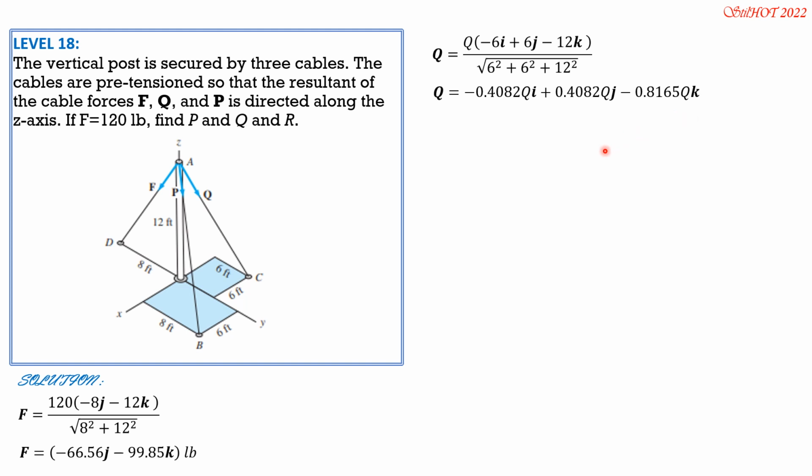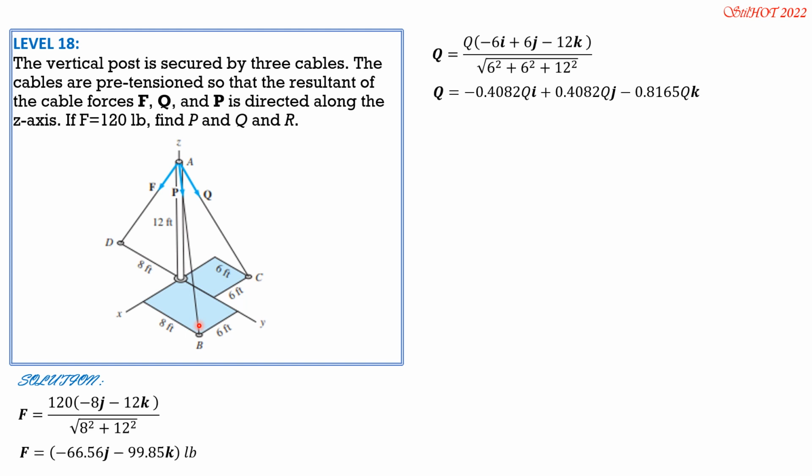0.8165 Qk. Then P is going 6 positively, 8 positively along Y, then 12 negatively along Z. So 6i, 8j, negative 12k.